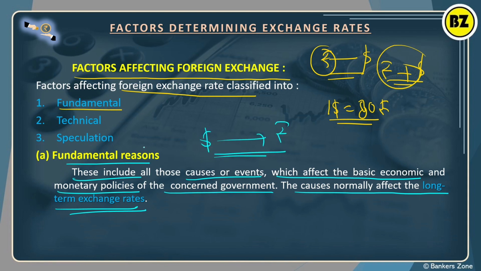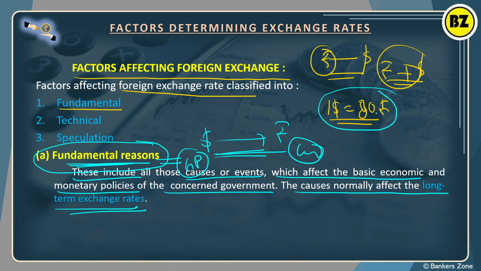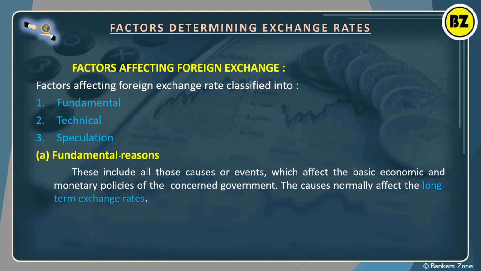If the fundamental reason is, say, government policy, that will affect it for a longer duration, not temporarily. Temporary fluctuations are not part of the fundamental reason. The long term price of a foreign currency against the home currency is determined by the fundamental reason. So I repeat, fundamental reasons are responsible for the long-term price change in the currency.